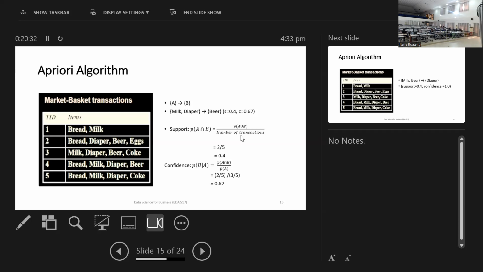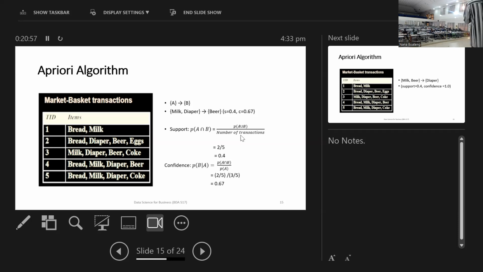So what is A here? A is milk and diaper. So how many times do milk and diaper appear in the data? 3. Okay, so therefore that one will be 3/5, isn't it? The probability will be 3/5.